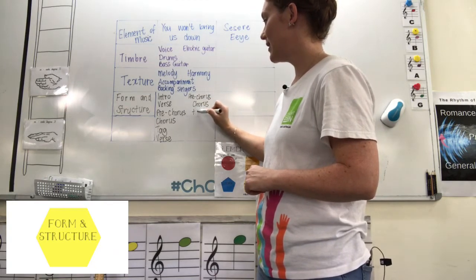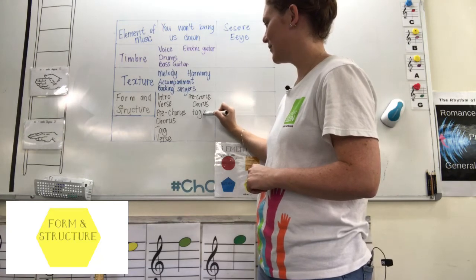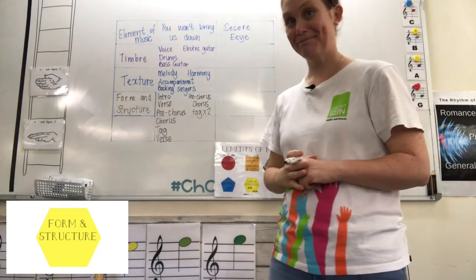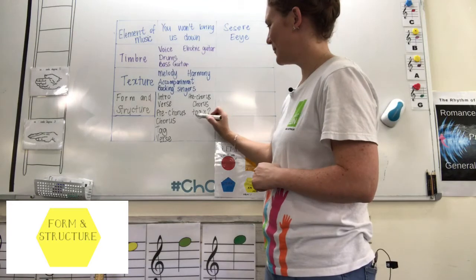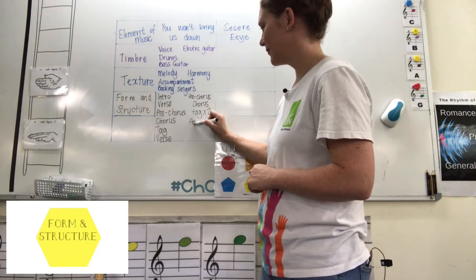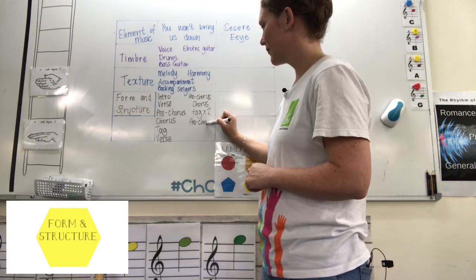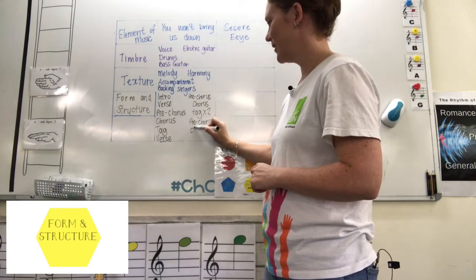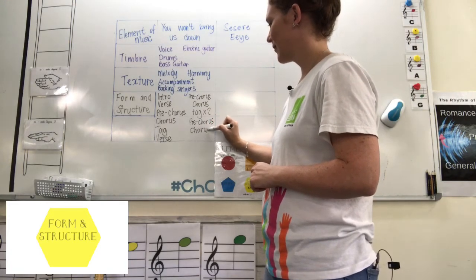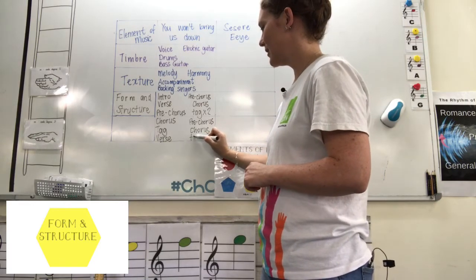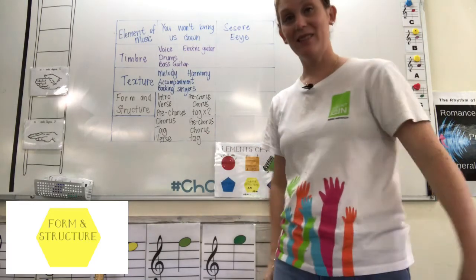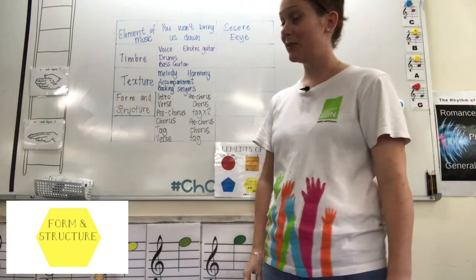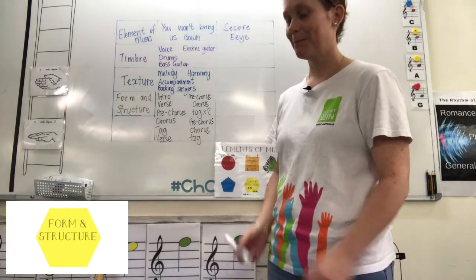Then we did the tag twice. Then we went to the pre-chorus again. Then we did the chorus. And then we did the tag until the end of the song. I wonder if you can count how many times we did the tag.